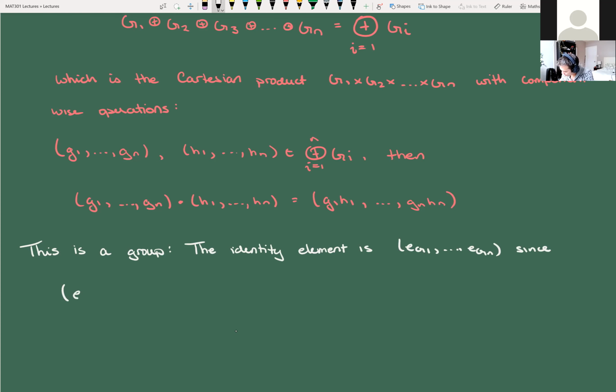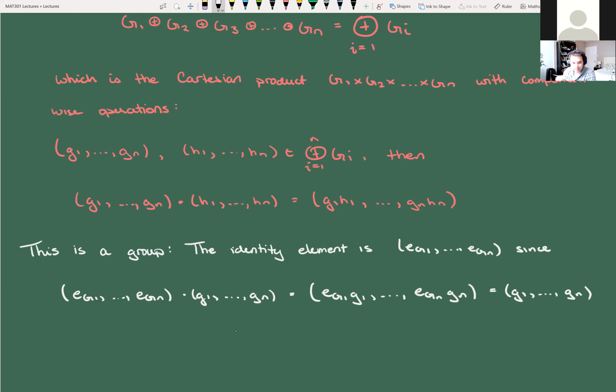Since if we act with that on any element, again, you're just going to do multiplication component-wise, right? Because the identity element in each component doesn't do anything when you multiply it, it preserves the structure, right? So if you ignore the middle and look at the very beginning and very last line, this element e_G1 through e_Gn doesn't do anything when you multiply it.